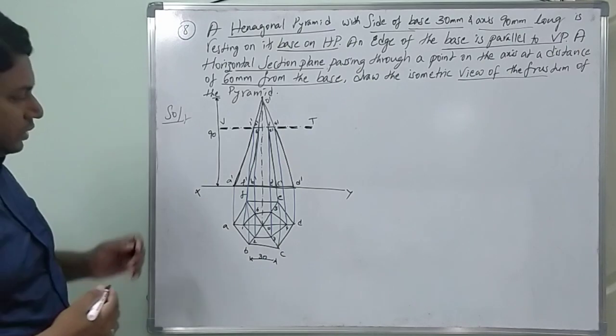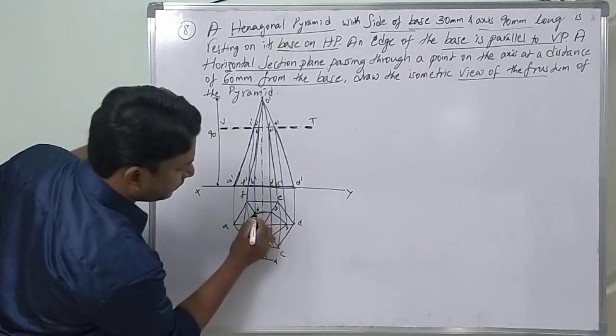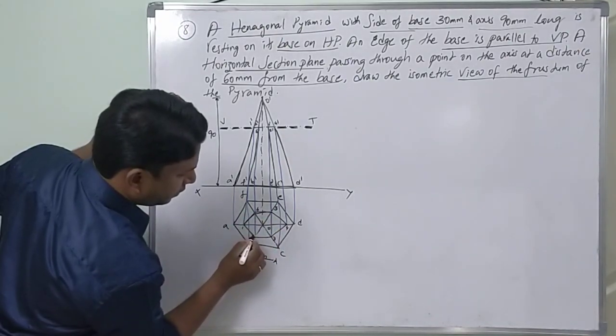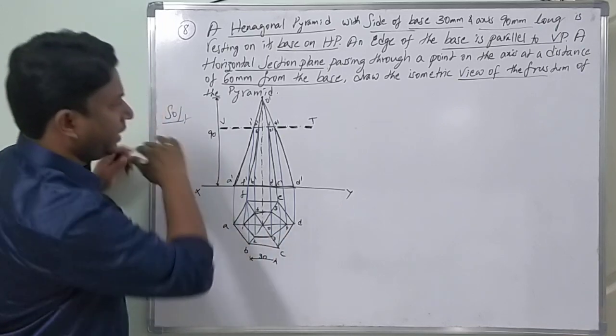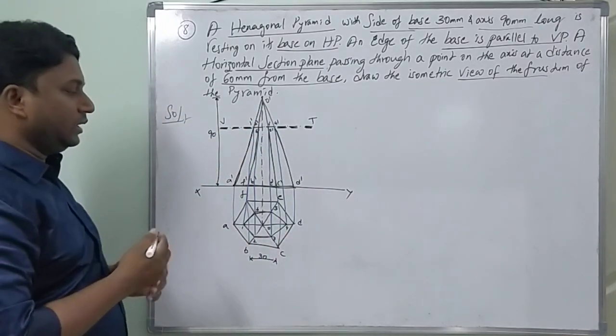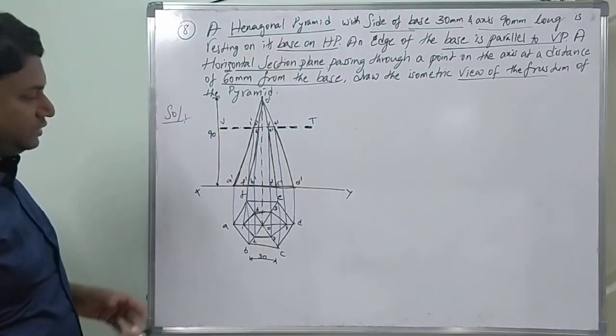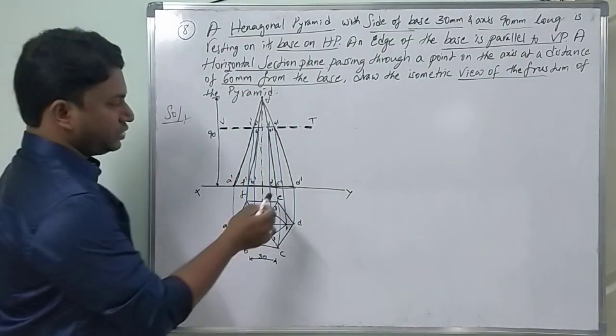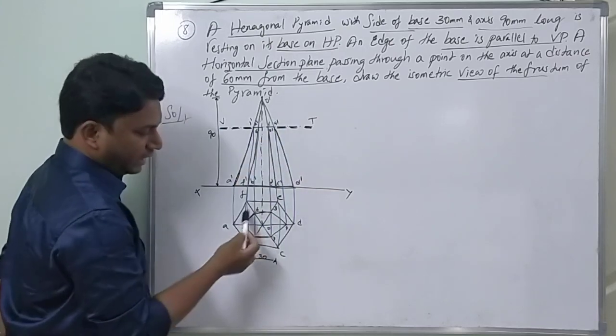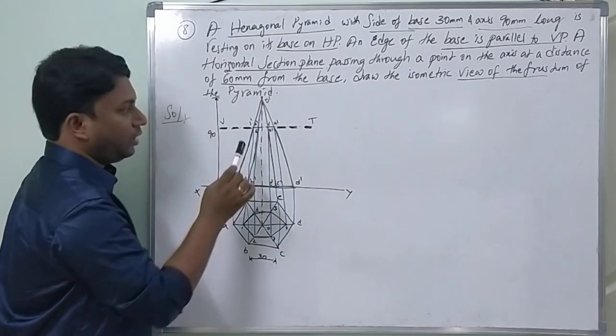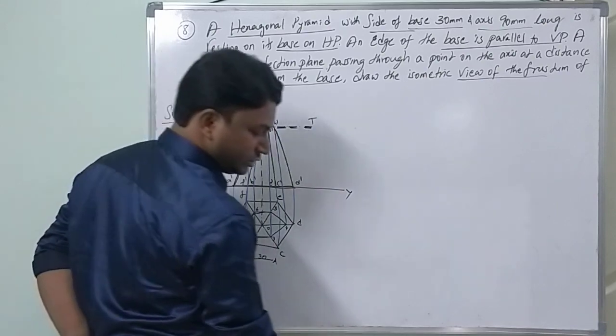If you observe, it's one more hexagon, which you can get by cutting at a particular location, but it will be very small compared to the other one. See, remove the top portion, and here also there will be a hexagon; that hexagon is drawn as the sectional view. Now we are supposed to draw its isometric view.